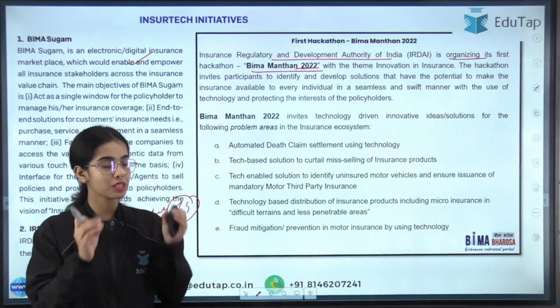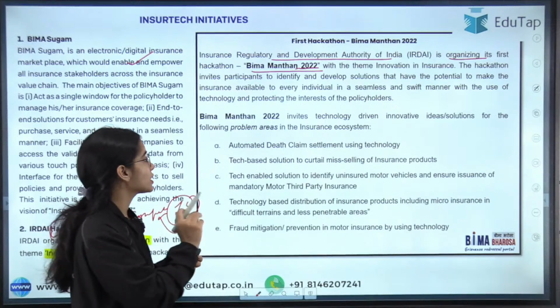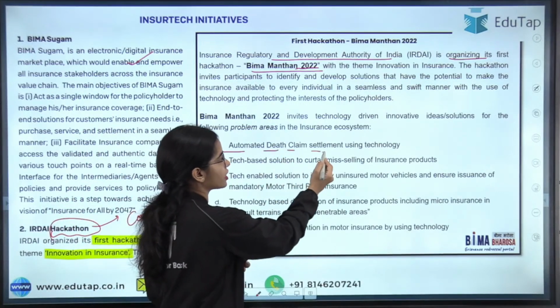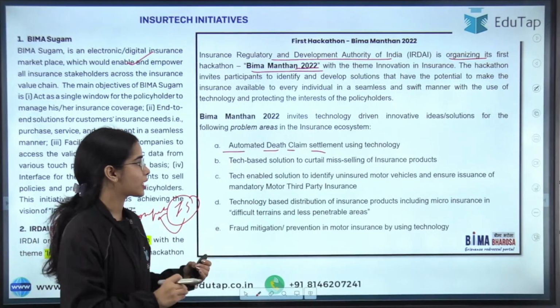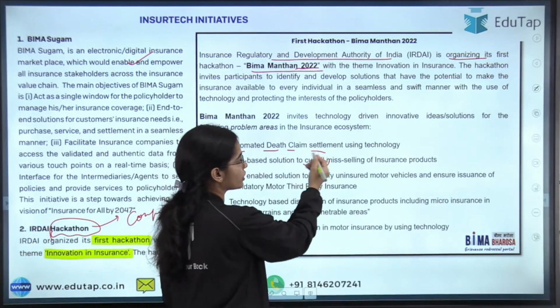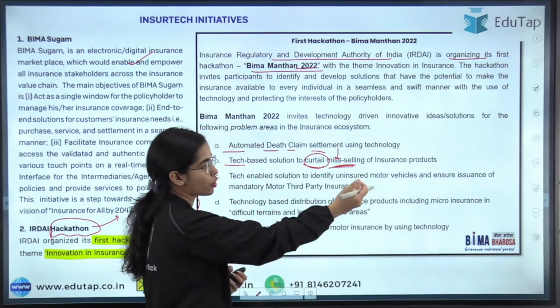So what are the problem statements of Bima Manthan 2022? First, automated death claim settlement using technology. So automatically the death claim settlement should happen using technology. Second, a tech-based solution to decrease the mis-selling of insurance products.